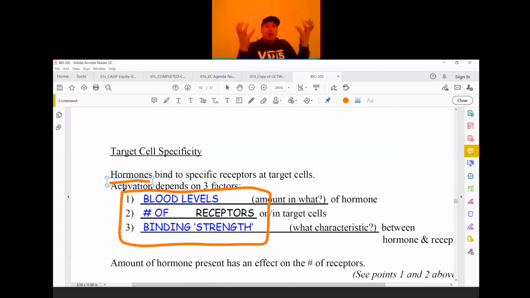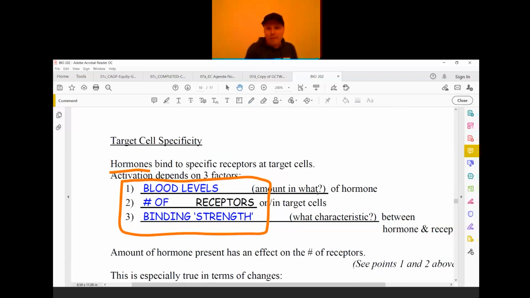So those two would affect how much of a response we get, and also how tight a bond is formed between the hormone and the receptor. So those three things determine how much activation we get within a target cell, based on a hormone.